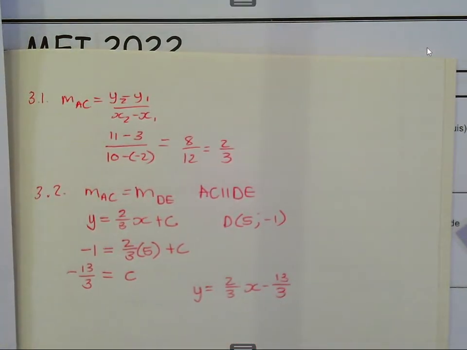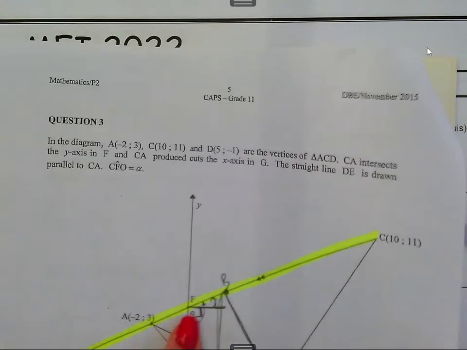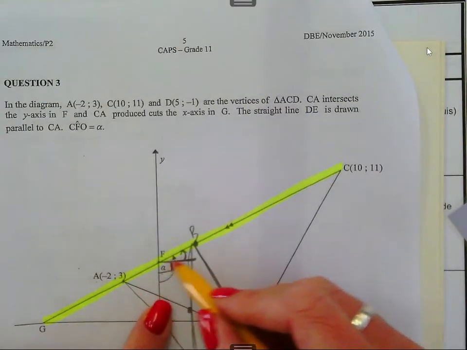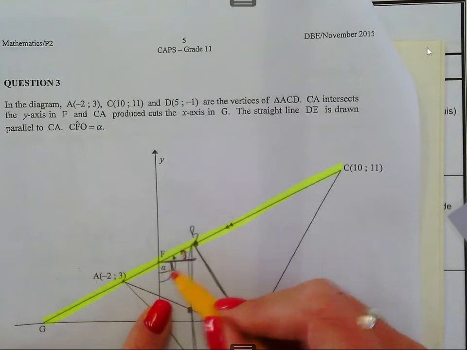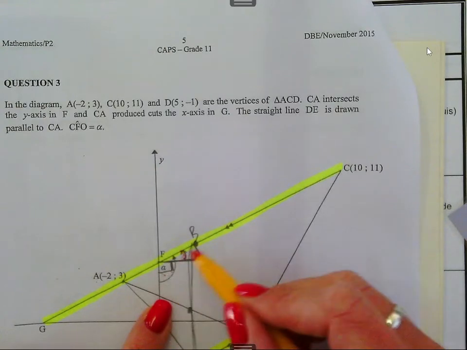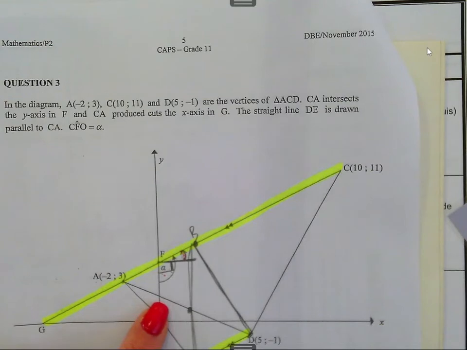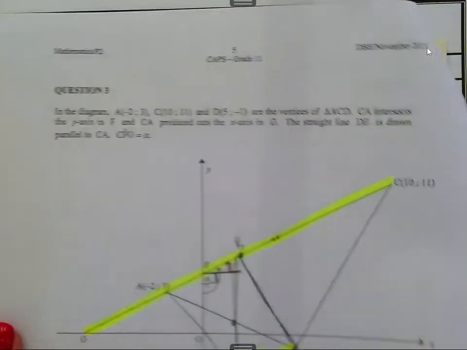Then they asked you to calculate the size of alpha. So it's that one there. We spoke about this last week. I told you that it's the inclination angle there plus 90 degrees, because the inclination angle is an angle with any horizontal line. We just usually use the x-axis, but it can be any horizontal line.